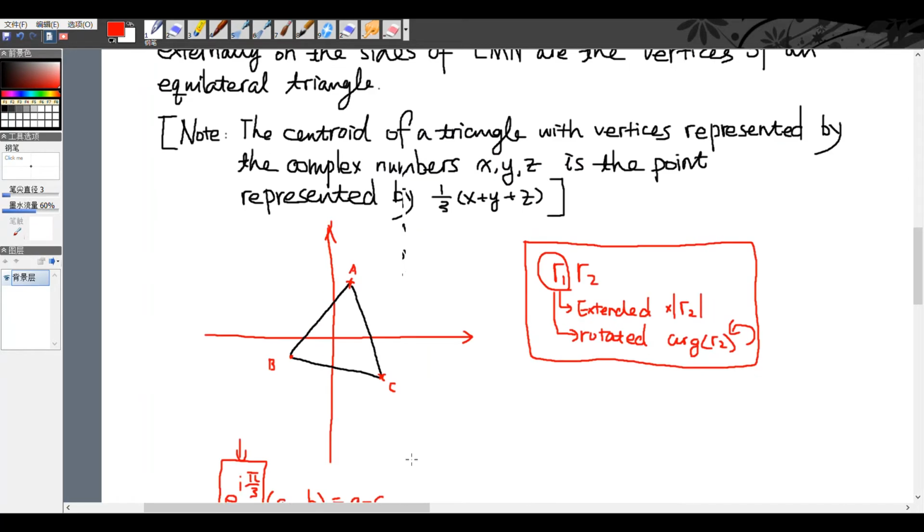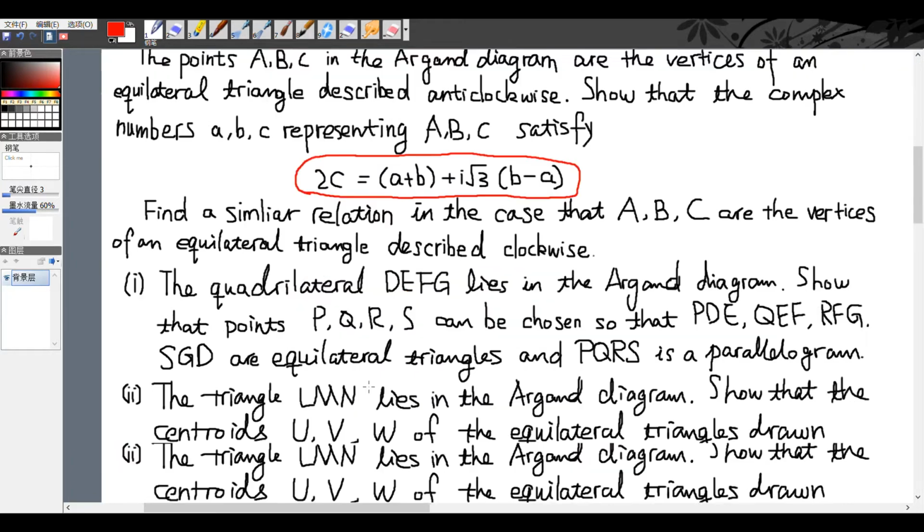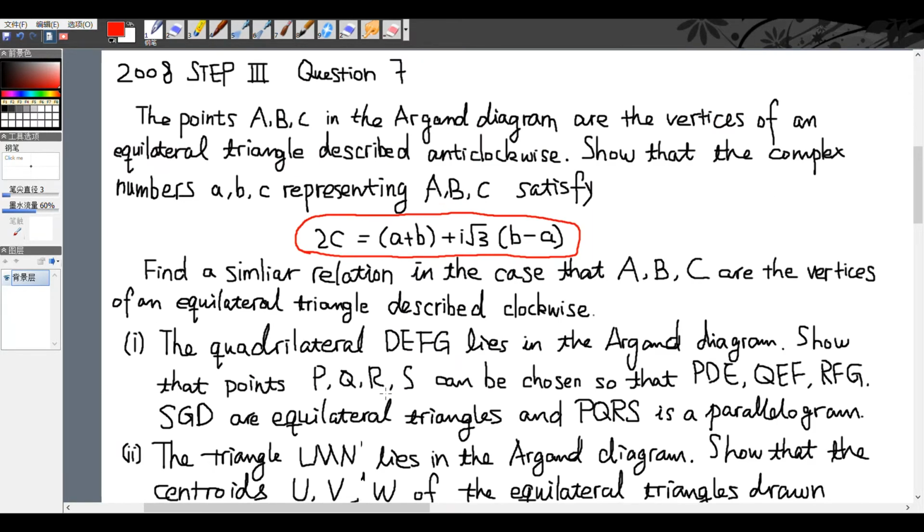The next question asks us to find a similar relation in the case that A, B, C are the vertices of an equilateral triangle described clockwise. This is not very difficult.